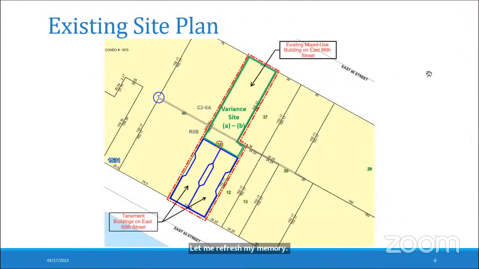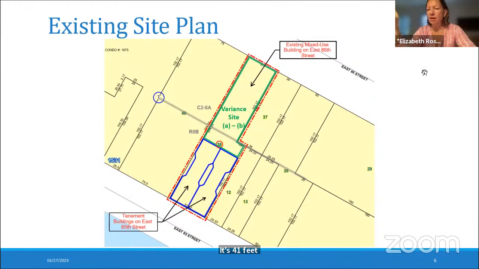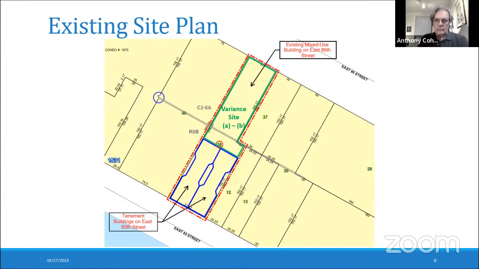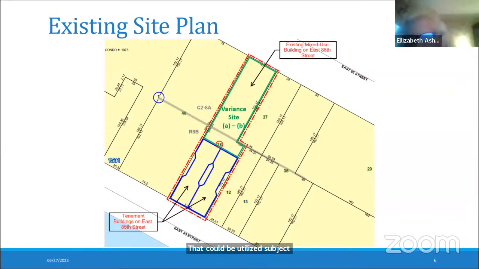So theoretically, there is 75 feet between two existing higher buildings that could potentially, and I don't know what width a cantilever would support here, but there is potentially as much as 75 feet of width that could be utilized, subject to engineering constraints. Oh, I don't think 75, 55 maybe. But certainly, I think it will go beyond 45.